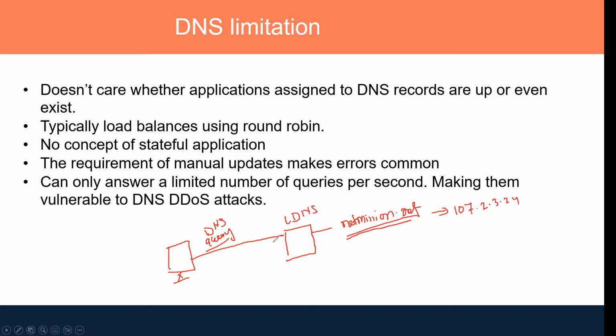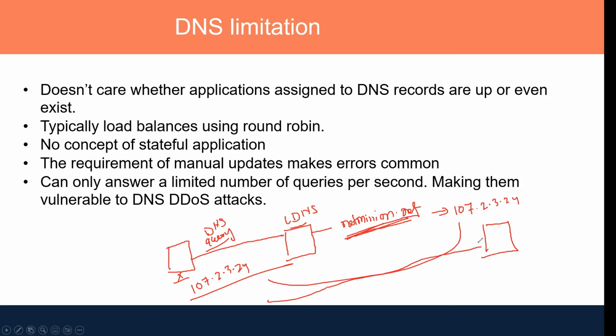In any case, this local DNS will provide the IP that is bound against this domain name. So this system would get the IP 107.2.3.24, and now it would try to reach that server, which is basically down.